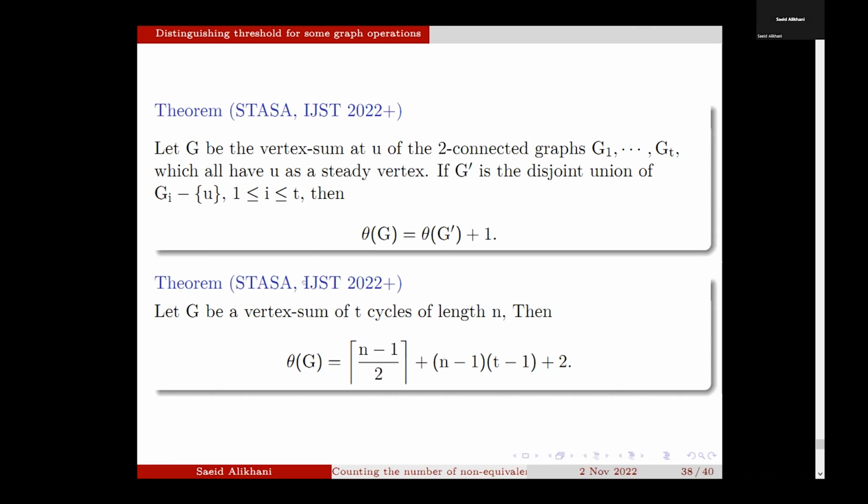And as an immediate result, we have this theorem that if G is the vertex sum of t cycles of the same length, then the distribution threshold of this graph is obtained by this formula.